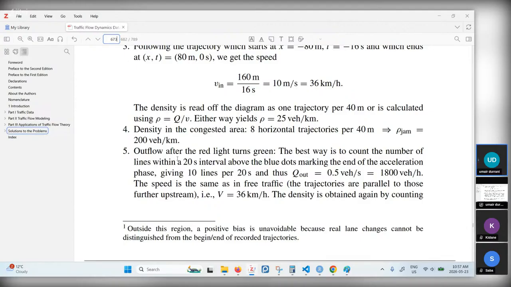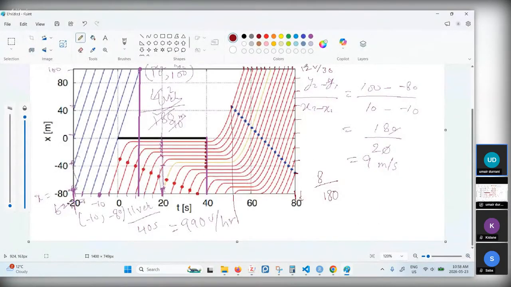Okay, they did that for a 20-second interval instead of 30 seconds, marking the end of the acceleration phase, giving 10 lines per 20 seconds, and thus the flow will be 0.5 vehicles per second. So they did 10 over 20, and we did 12 over 30.